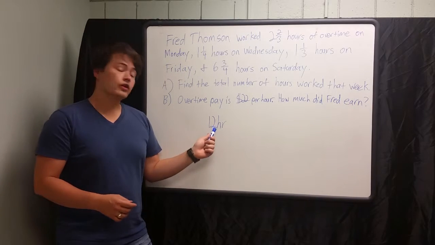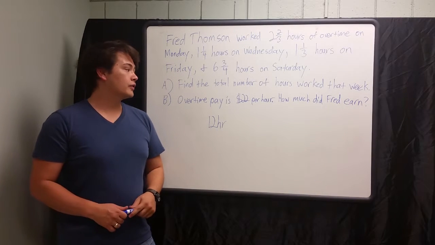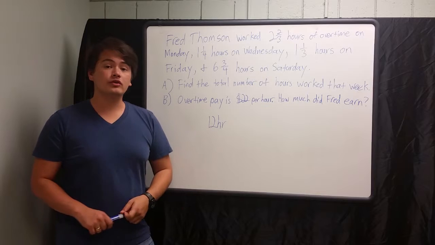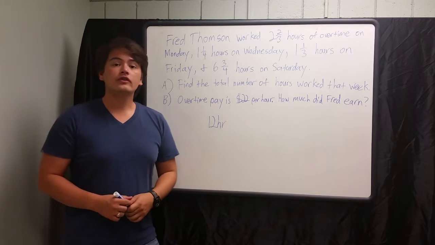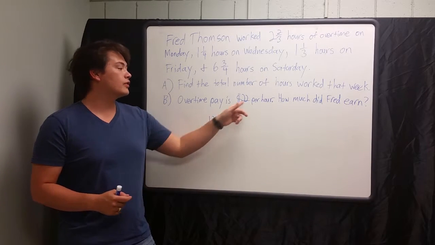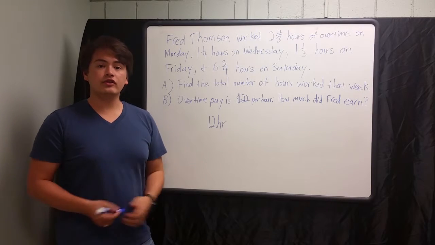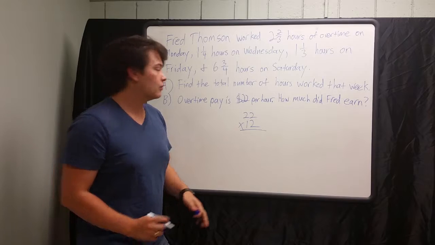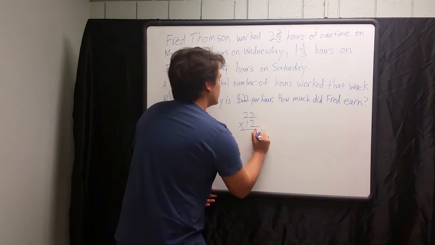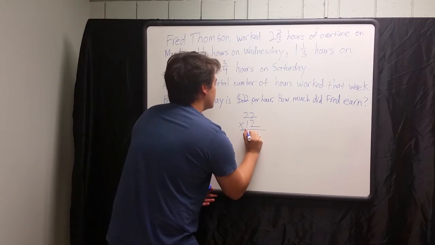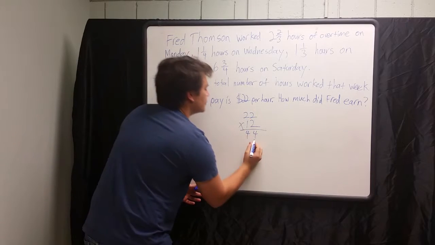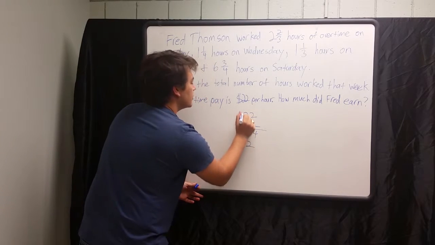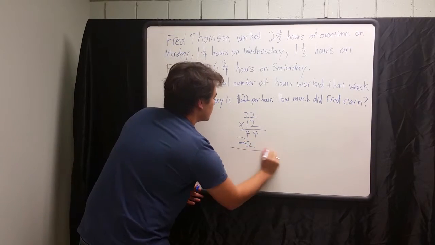Well, we know that he's worked a total of 12 hours and he gets paid $22 per hour. So we're going to multiply 12 times 22 to give us the total amount that he earned. 22 times 12: 2 times 2 is 4, 2 times 2 is 4, 1 times 2 is 2, 1 times 2 is 2.